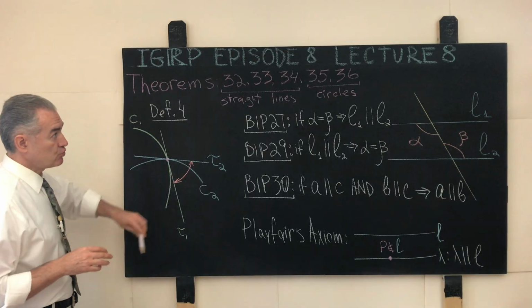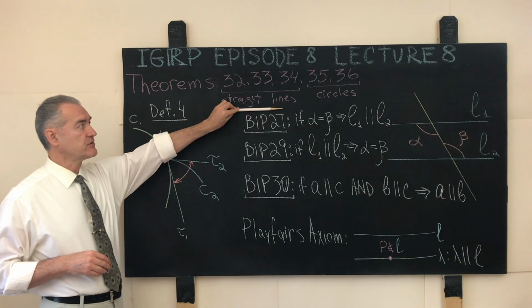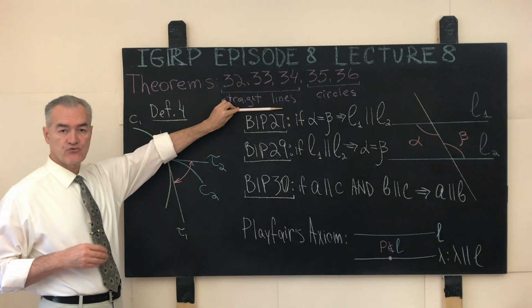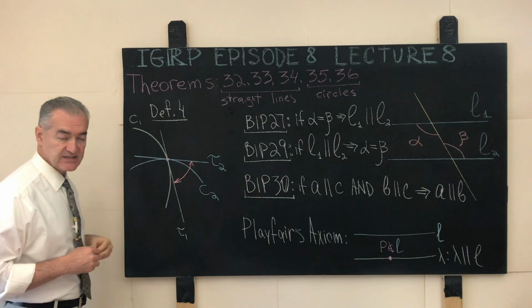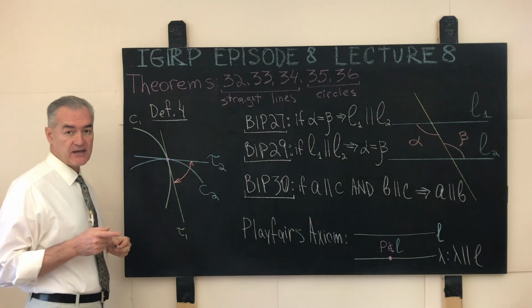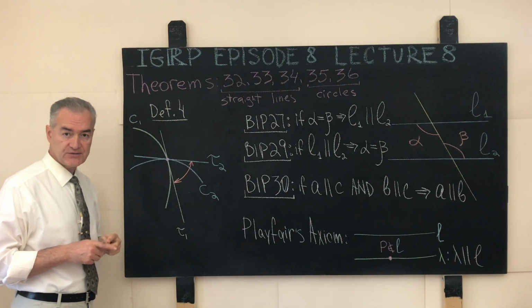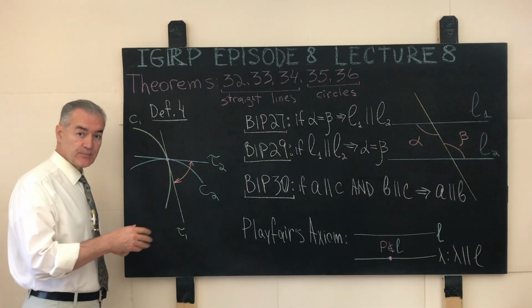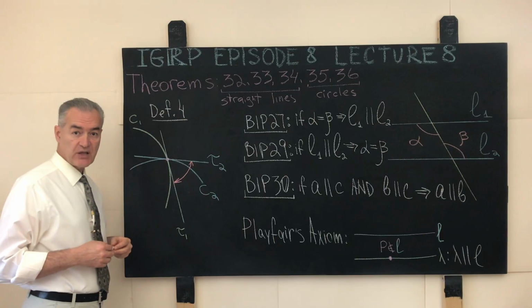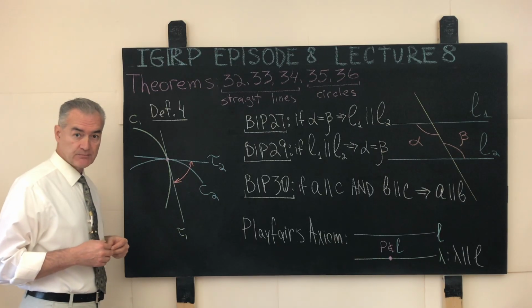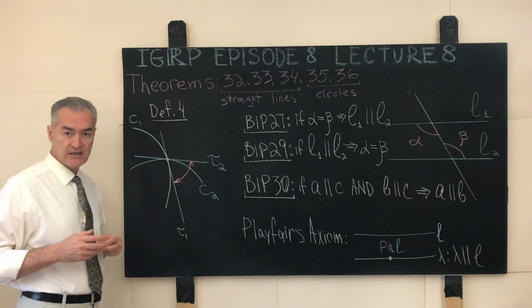Now, the proofs that we will generate for the theorems 32, 33, and 34 will do all the heavy lifting, and they will address precisely the magnitude of the angle between any 2 straight lines under the corresponding inversion of the plane with respect to a circle with both powers, positive and negative.